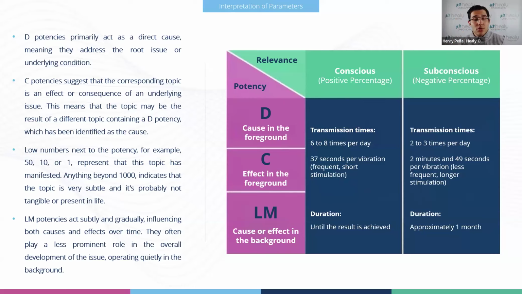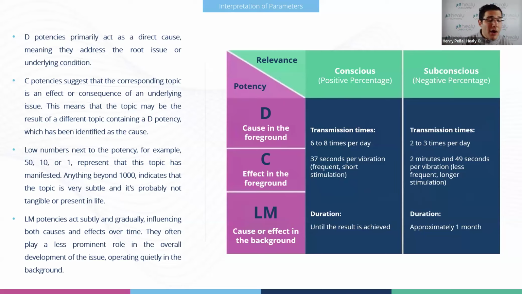You need to pay attention to that, because if you're able to solve that, you will probably end up solving a lot of other different things that may result from that, which is why we also have C potencies, the effect. So if you get a result that is a C potency, you can assume that it is the result or the consequence of something else that was caused by a D potency.